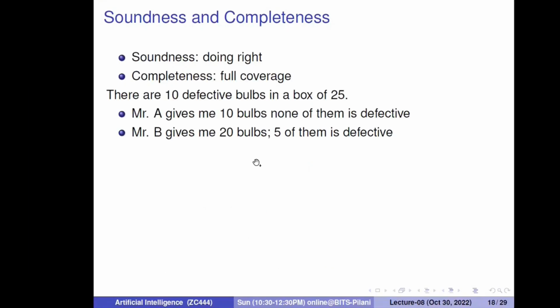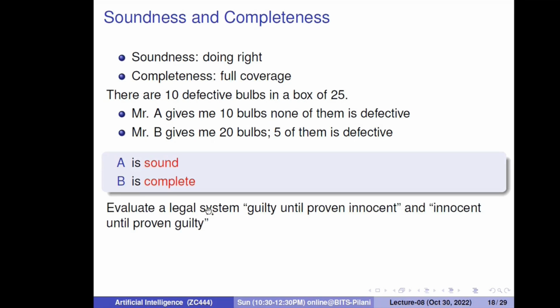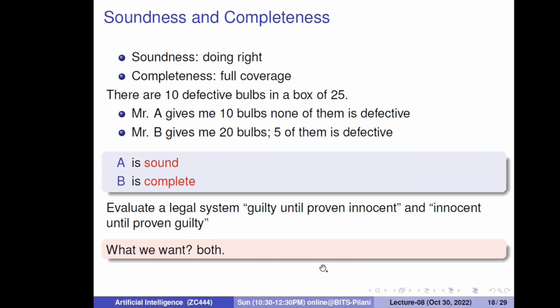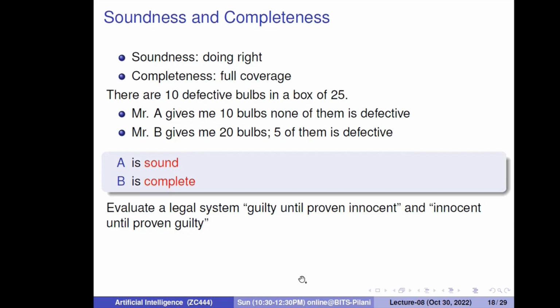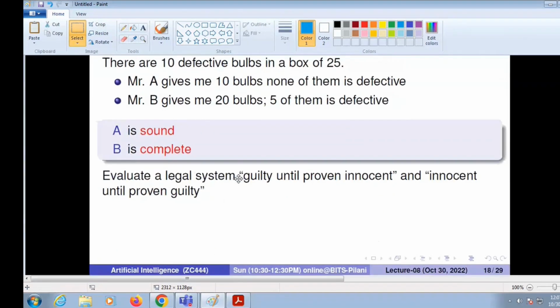What is sound and complete? Is this clear to you? Yes. So these are two systems. I have two legal systems. One legal system assumes guilty until proven innocent.